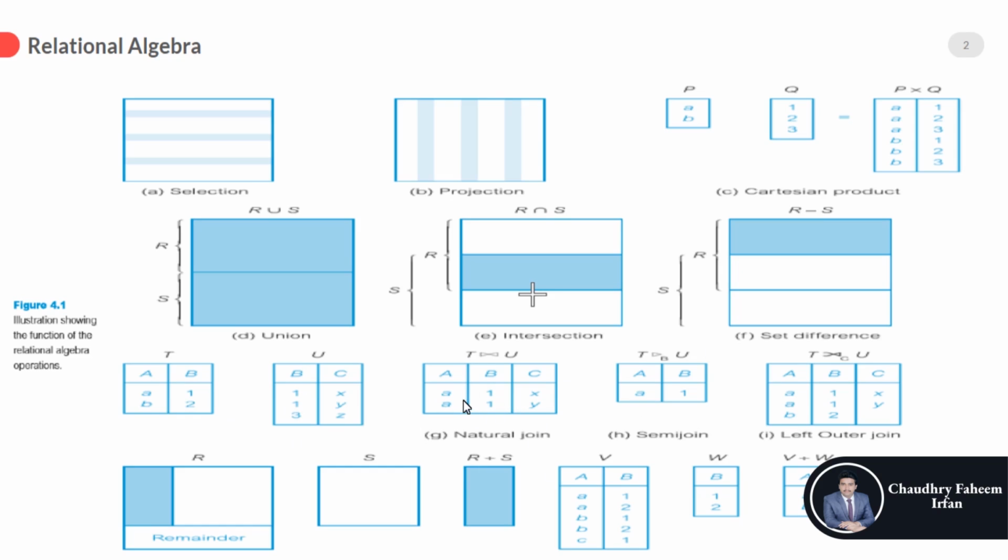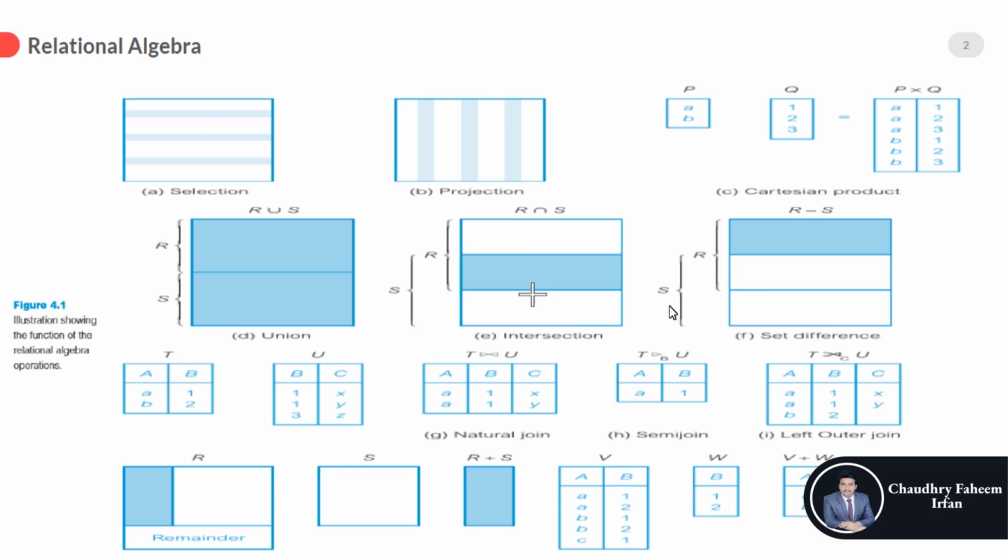And the semi join is, we are going to perform semi join and B is the condition or predicate in this case. You know that semi join is based on the equal operator.